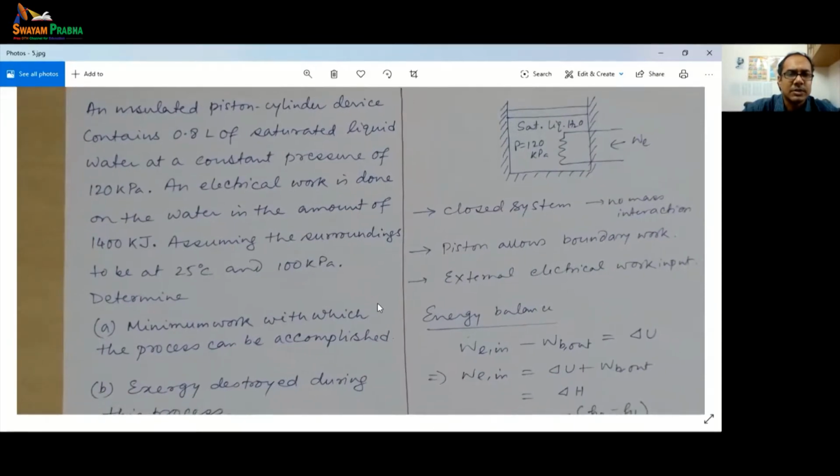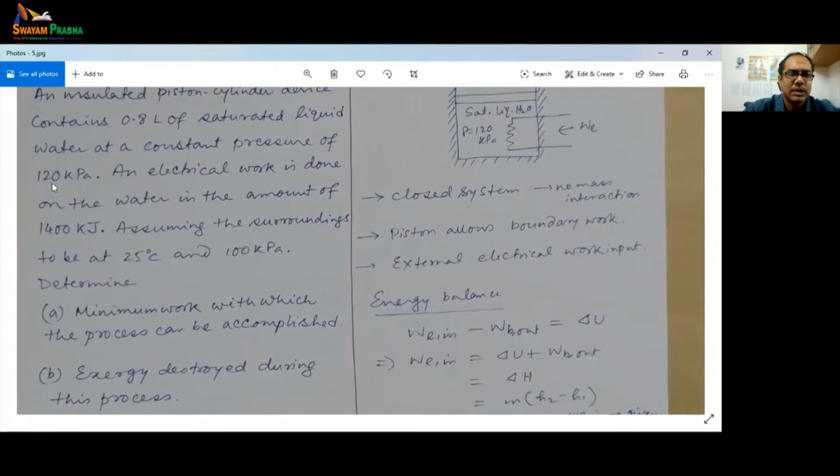to illustrate the concepts. So here an insulated piston cylinder device contains 0.8 liter of saturated liquid water at a constant pressure of 120 kilopascal. Electrical work is done on the water in the amount of 1400 kilojoule.